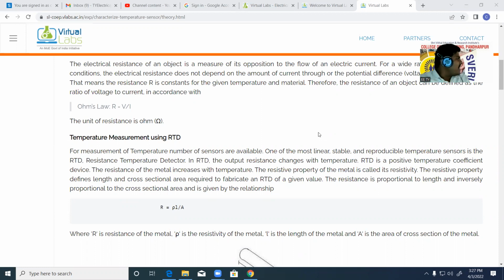Suppose we are considering a conductive material like copper, and the temperature coefficient is positive. What happens in the case of copper, whether the resistance increases at temperature T or decreases?